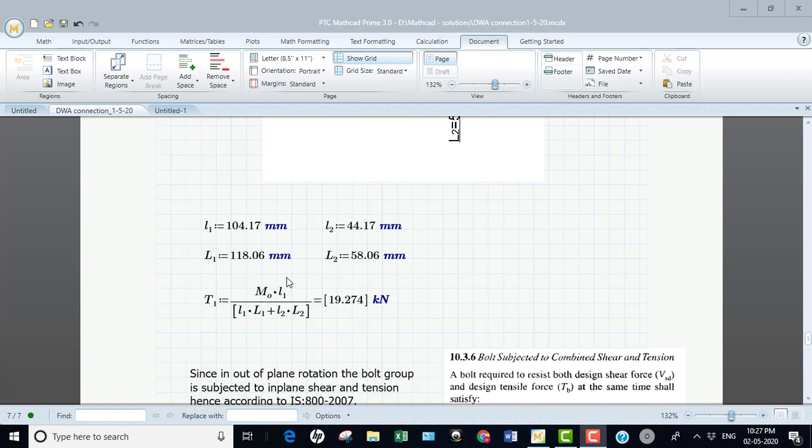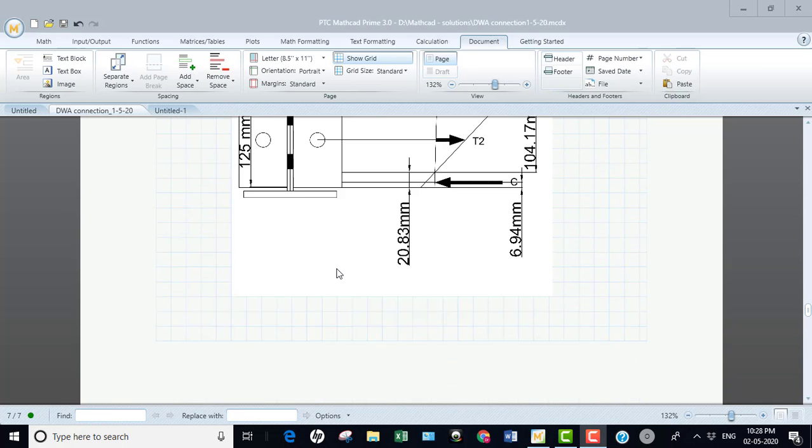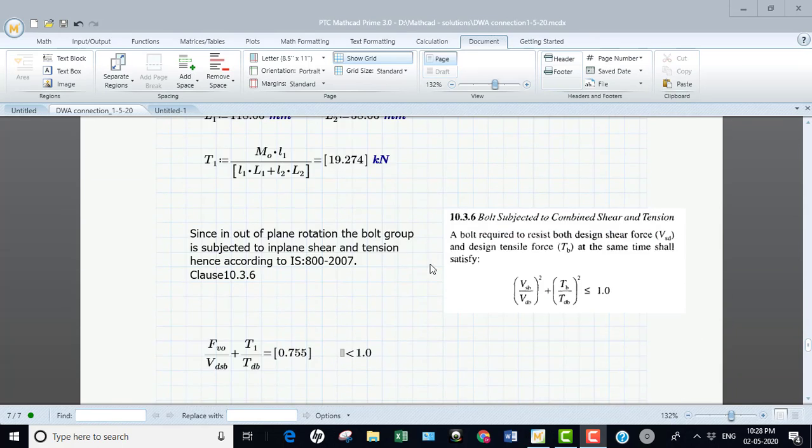Once you know the tension and the shear expected on this bolt, this is the in plane shear expected on the bolt. The code says that according to clause 10.3.6, when the bolt is subjected to combined shear and tension, this interaction equation has to be satisfied. Therefore, I'll take the in plane shear coming on the bolt, the shear capacity of the bolt as per the code, the maximum tension in the bolt, and the tensile capacity of the bolt.